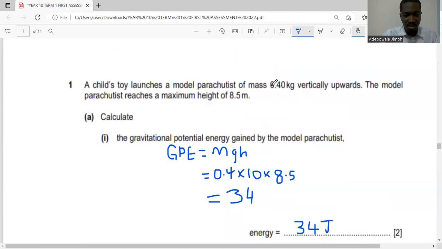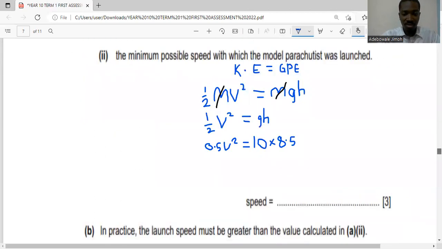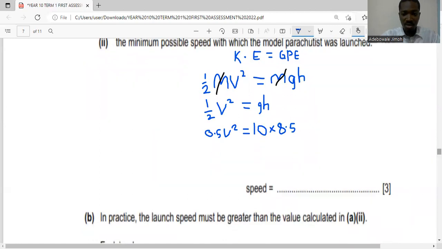You are given the mass of the model parachutist and the height to which it was thrown. g was not given to you because when solving questions on this topic, with the assumption that all of this happens on planet Earth, we always take the value of the gravitational field constant g to be 10 meters per second squared. That is what we've used here.